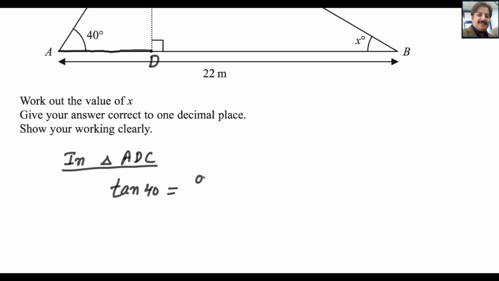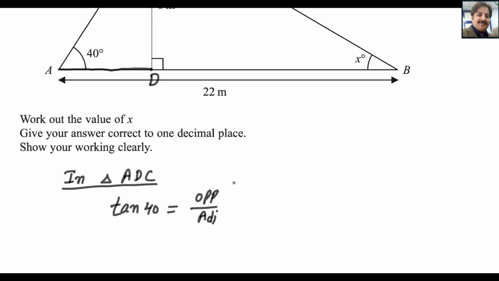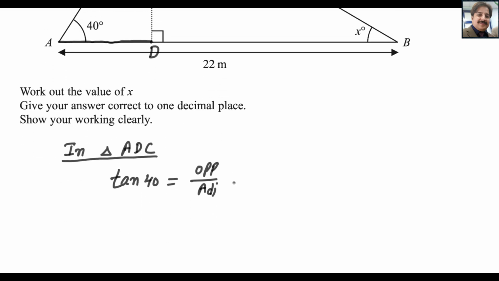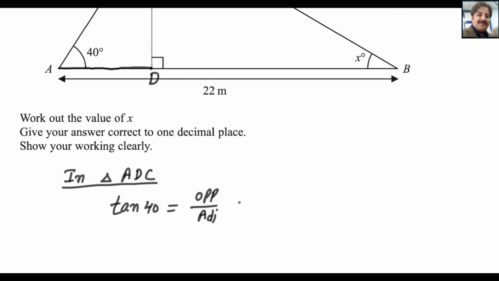The opposite is here, it is given, that is 8, and you need to find the adjacent. So tan 40 equals 8 over AD, because we want to find AD. Then AD goes to the left side and you can interchange them to get the value of AD. So AD will be equal to 8 divided by tan 40.